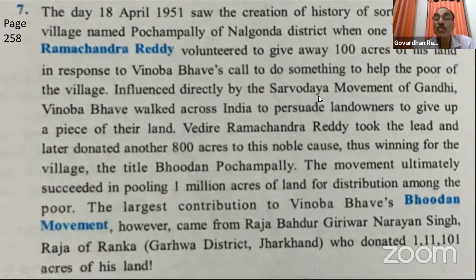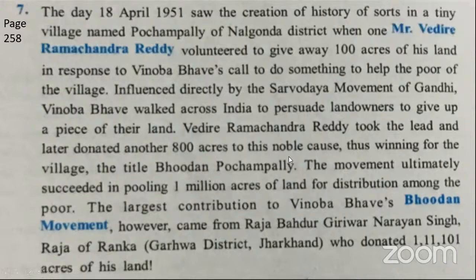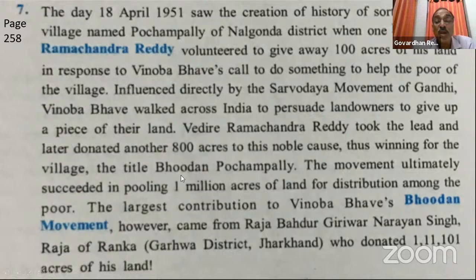Influenced directly by the Sarvodaya movement of Gandhi, Vinoba Bhave walked across India to persuade landowners to give up a piece of their land. Vidire Ramchandra Reddy took the lead and later donated another 800 acres to his noble cause, thus winning for the village the title Bhudan Pochampalli. The movement ultimately succeeded in pooling 1 million acres of land for distribution among the poor.